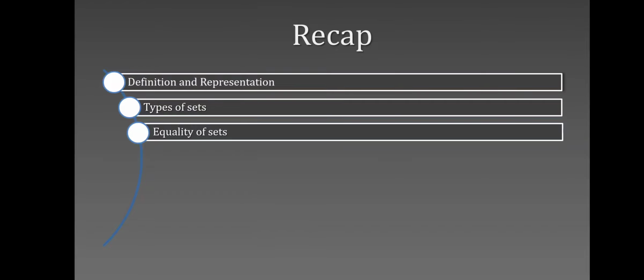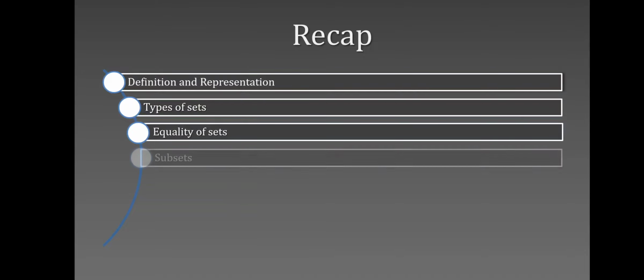Now obviously in a set the order doesn't matter, so the elements can be written in any order, but the individual elements must be equal. And if the elements are not equal but the number of elements are equal, then I say that the sets are equivalent but not equal.